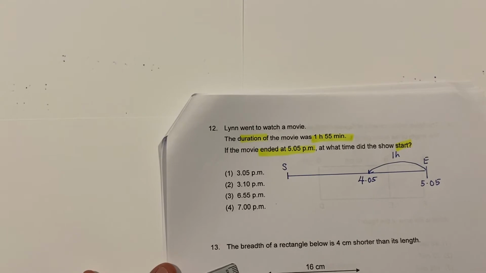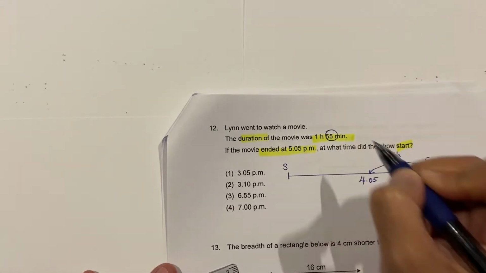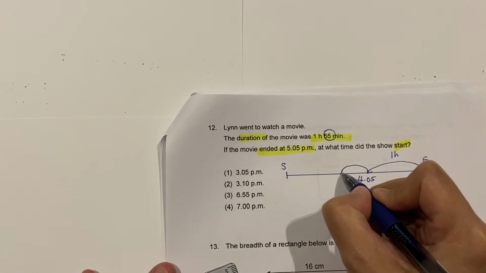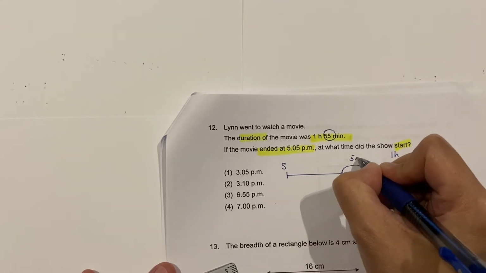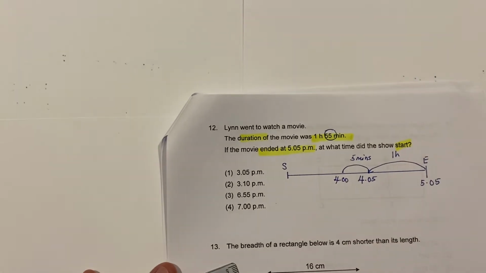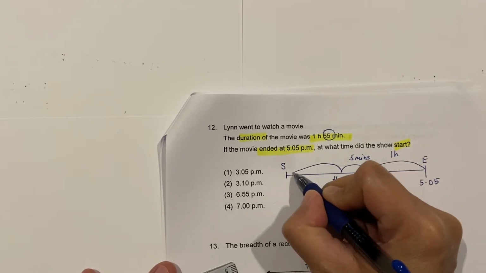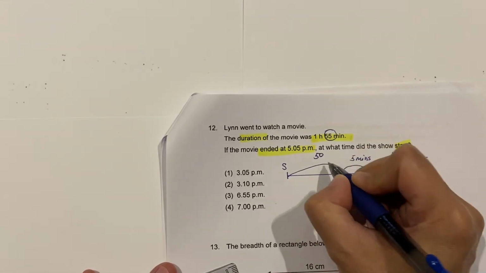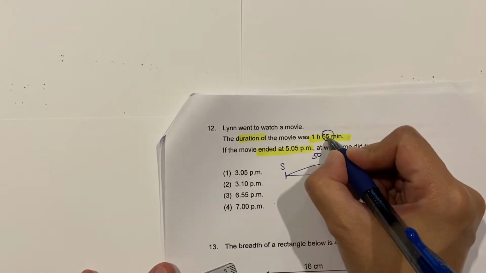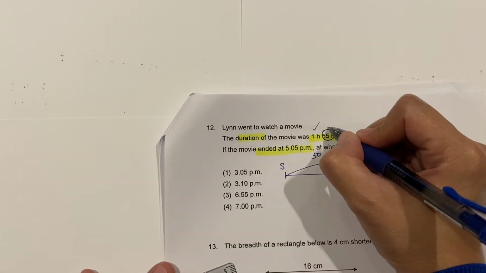Agree? Alright, so now let's take away the 5 first. So now you have your 55 minutes, right? So take away the 5 minutes. So that will give me exactly 4 o'clock. And then work with your 50 minutes, because 50 plus 5 will give you 55. So 1 hour is done, and 55 is also done.